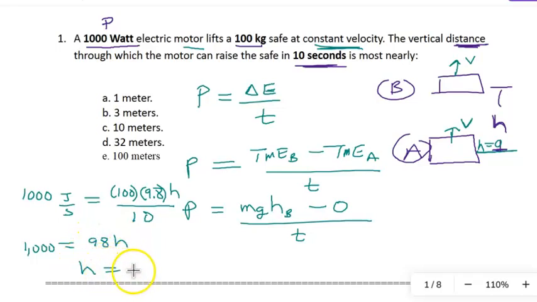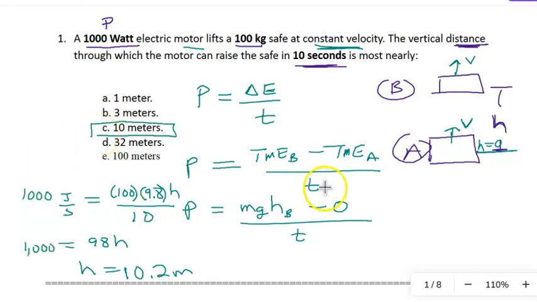So h is not quite, they rounded g to 10, because again, in the olden days, you couldn't have a calculator on multiple choice. So it's 10.2 meters, so answer C.